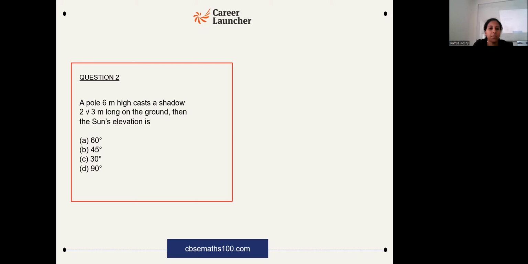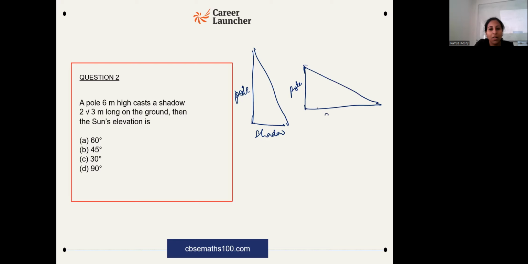In all these pole and shadow questions, there are three possibilities. Pole, shadow, all right? Or it could be pole, shadow. Or you could have pole, shadow like this. What is the difference between all these figures?